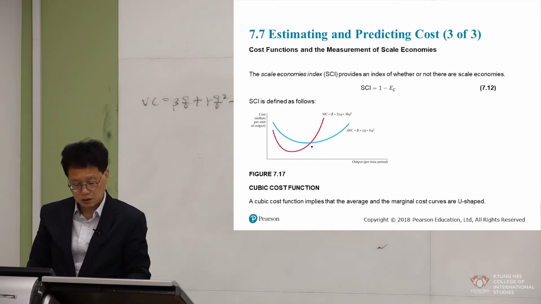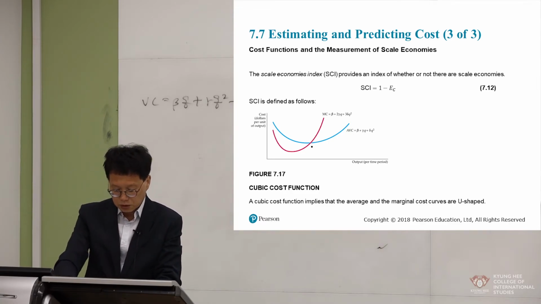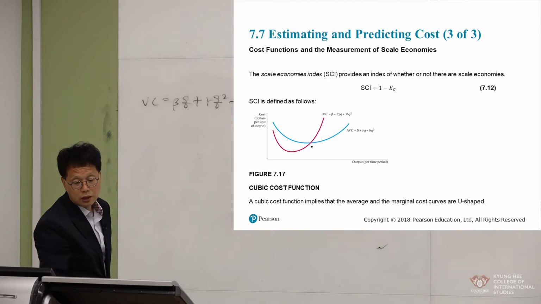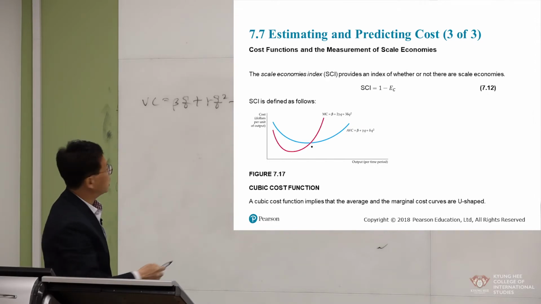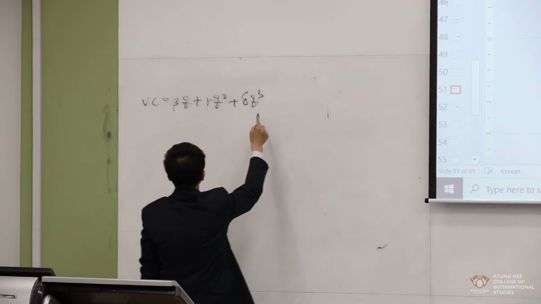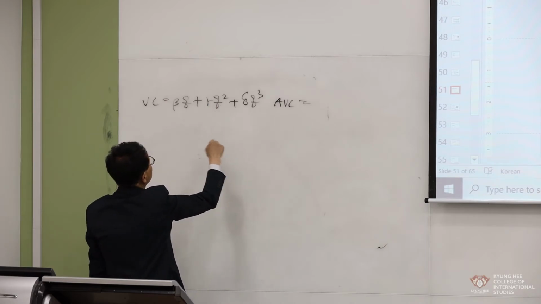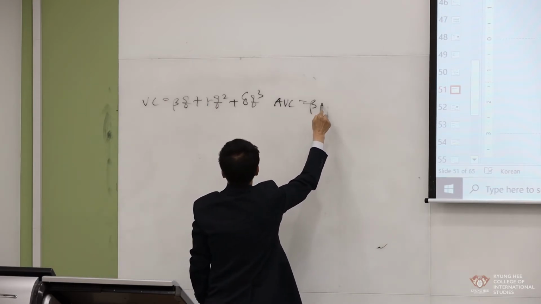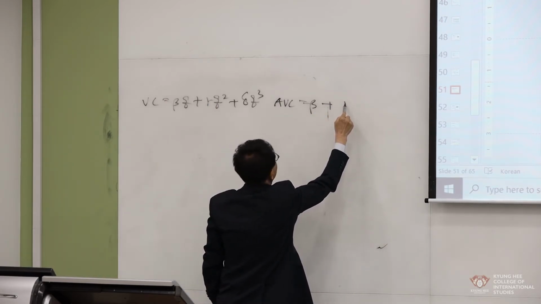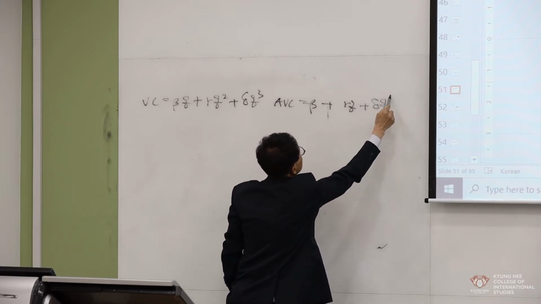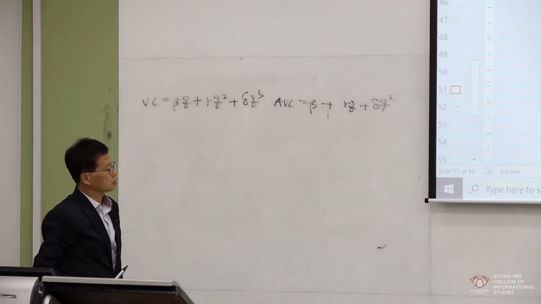If we assume this kind of variable cost, we can think about marginal cost and average variable cost. Average variable cost is variable cost divided by Q, so beta plus gamma Q plus delta Q squared. That is average variable cost, right?